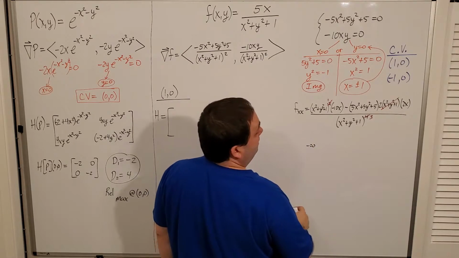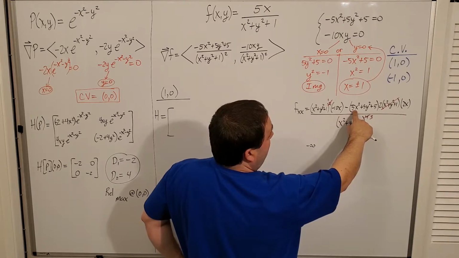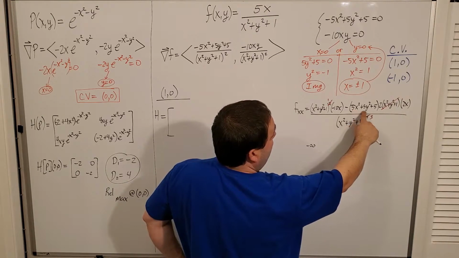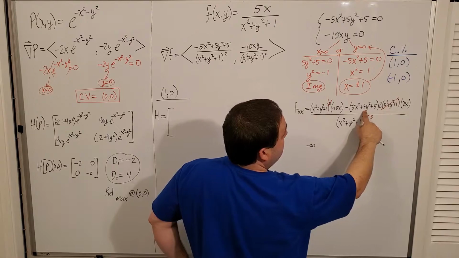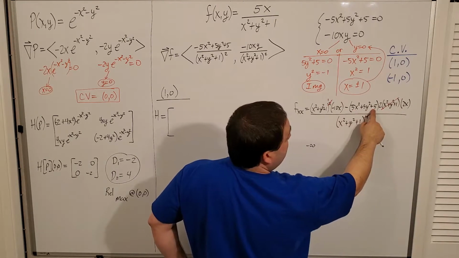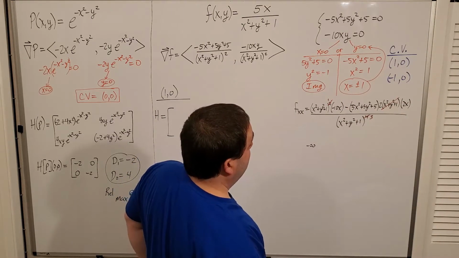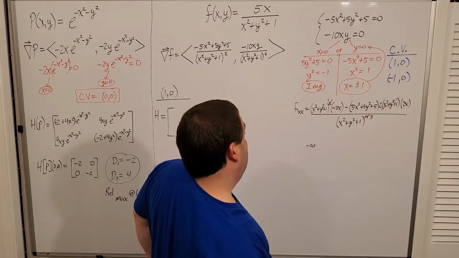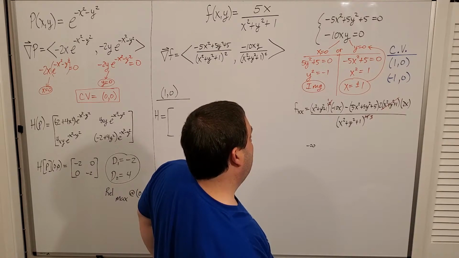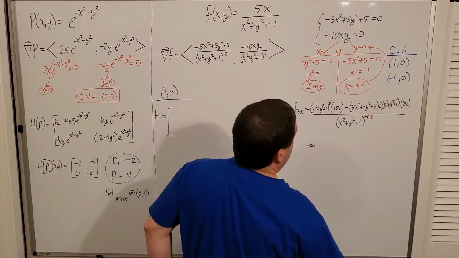And then right here, x is 1, y is 0, and x is 1. So that's negative 5 plus 5 is 0. So that wipes out that whole side for that one when x is 1. That's going to also happen when x is negative 1. Isn't that cool?